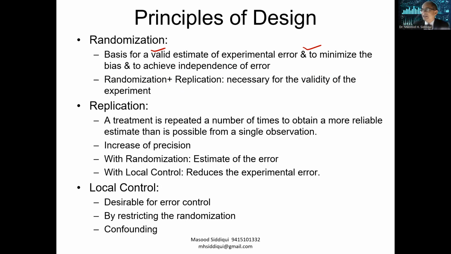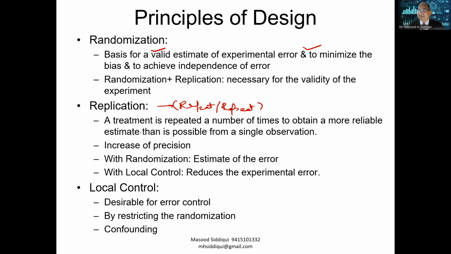Next one is replication. Replication is actually repeat and repeat. A treatment is repeated a number of times to obtain a more reliable estimate. As we go on repeating a treatment, we get a more reliable estimate that is not possible through a single sample or one observation. This is the general definition.